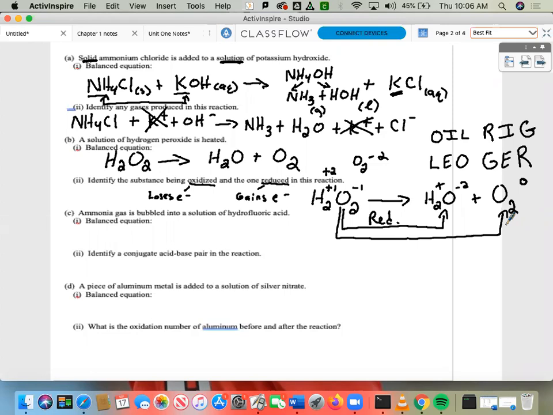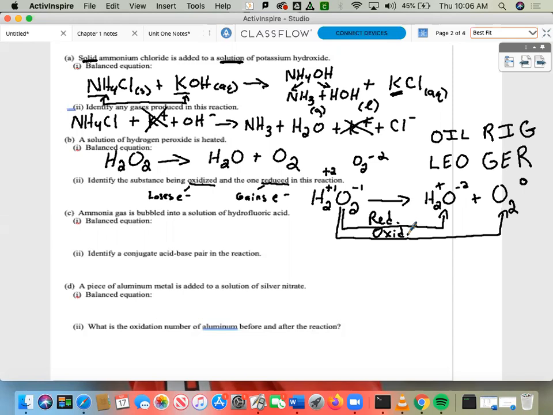So how do you get more positive? You lose electrons. So this tells me that oxygen is both reduced and oxidized. Yep. 2 down, a few more to go.